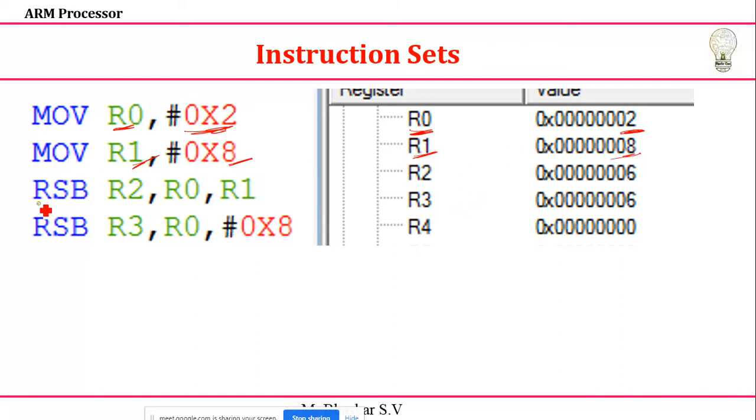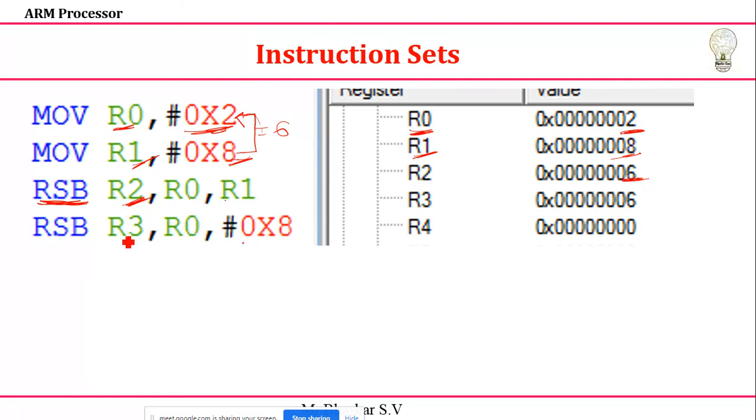Next, I'm going to use an instruction that is RSB, reverse subtraction. So this minus this, 8 minus 2. 8 minus 2 means what is the result? How much will it be? 6. That 6 will be stored in my R2 register. You can see 6 is stored. So this is another way.